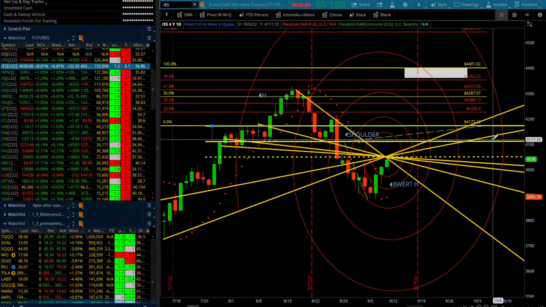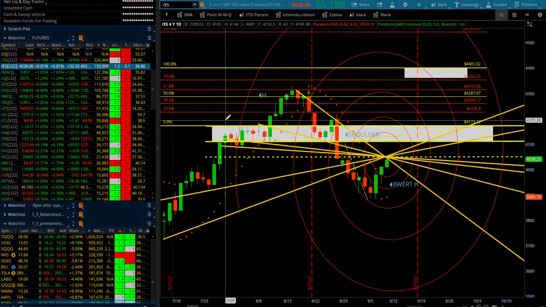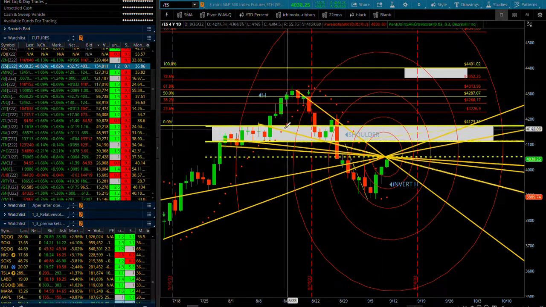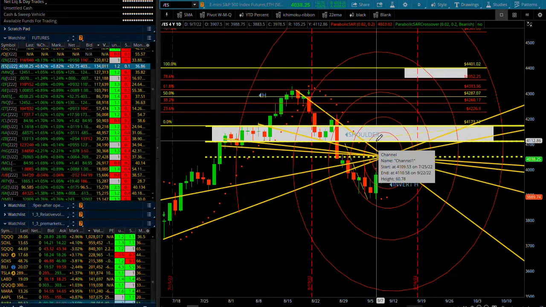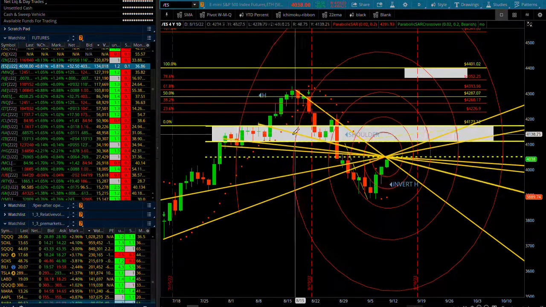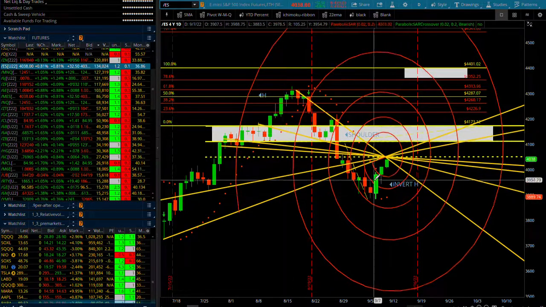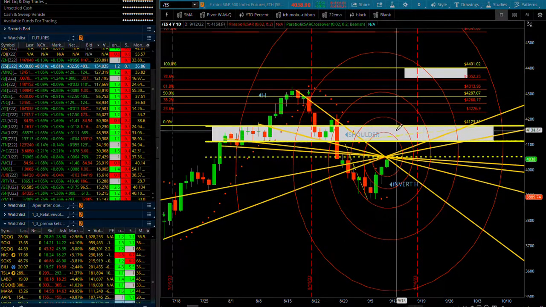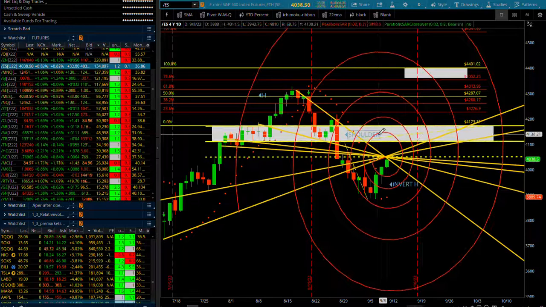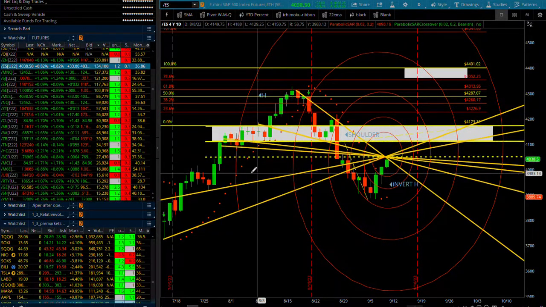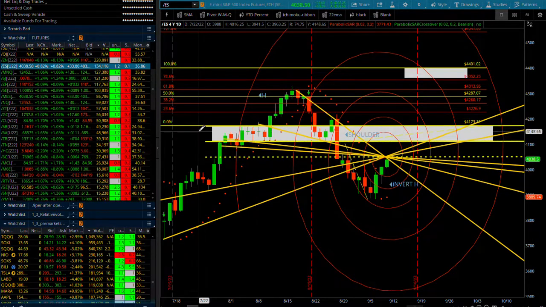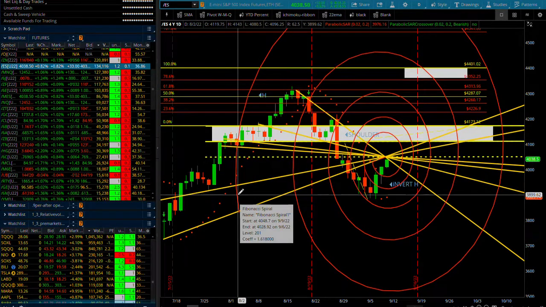Okay, so bottom line, that is our volatility box right there. That's where buyers and sellers were really in a quandary about which direction to take the markets. So this is maybe the ultimate goal for the bulls, to get us back in there for indecision, to decide whether or not to take her down or take it up. So be aware of that. That puts us between the 4,100 and the 4,200 volatility box.